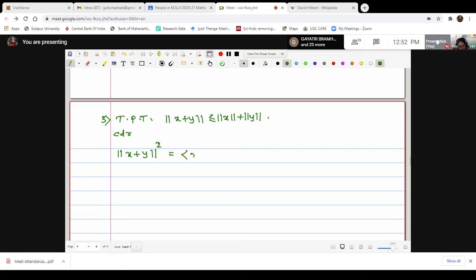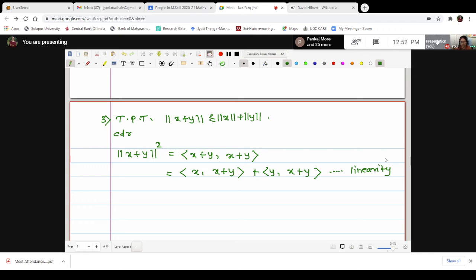Can I write this as inner product of x plus y with x plus y? Let us use linearity and conjugate linearity simultaneously in the first and second variable respectively. We will use linearity in the first variable first. Therefore, this is inner product x with x plus y, added with inner product y with x plus y. Is anyone having a doubt how I am using linearity in the first and second variable?